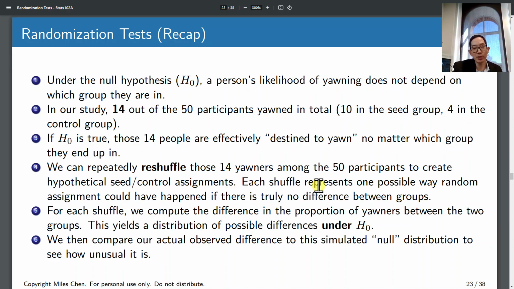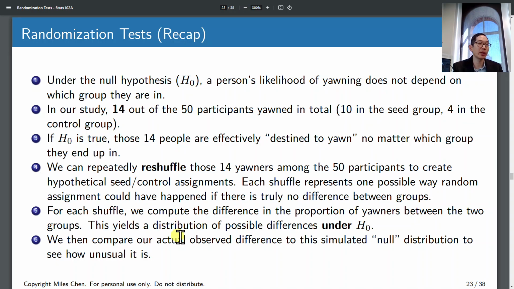Each shuffle represents another possible way random assignment could have happened if there really was no difference between the groups, right? We're just trying to see what could happen if the null hypothesis were true. For each shuffle, we're going to compute the difference in proportions of yawners between our two groups, and this is going to give us a distribution of the possible differences under the null hypothesis.